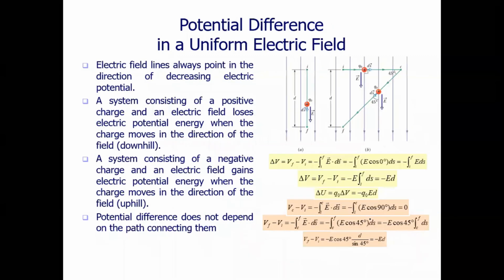All right, so let us try to put together what we have done so far. The electric field lines always point in the direction of decreasing electric potential.